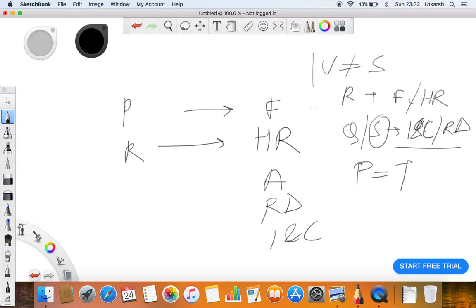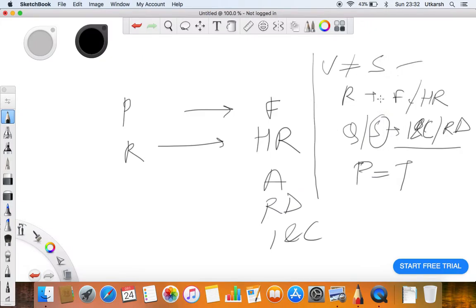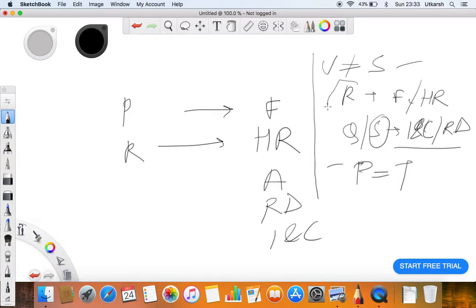So these are our conditions. Now let's just apply them. I think the easiest will be this condition, right? I mean, you can apply all conditions, but since one entire person and his ministry is missing, conditions like these are not very relevant because we don't know who the last person is going to be, and this has already been satisfied. That just leaves us with this.